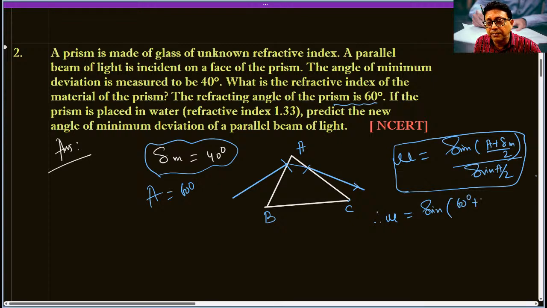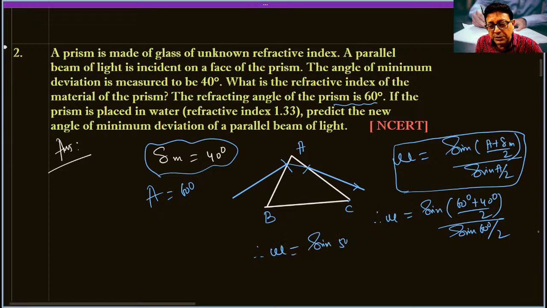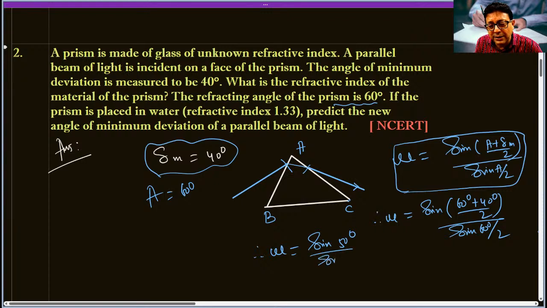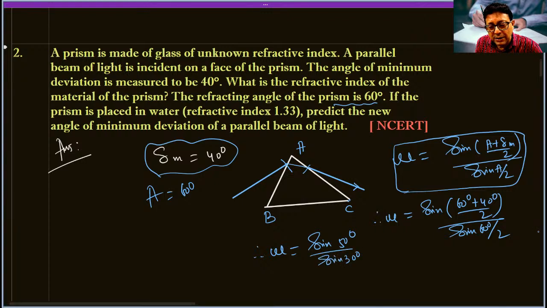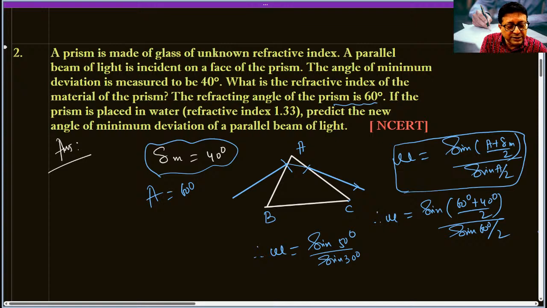Sin of 60 degree plus 40 divided by 2, by sin of 60 degree by 2. So mu equal to sin 50 degree by sin 30 degree. Let me do it by using my calculator. Sin 50 value I don't remember.